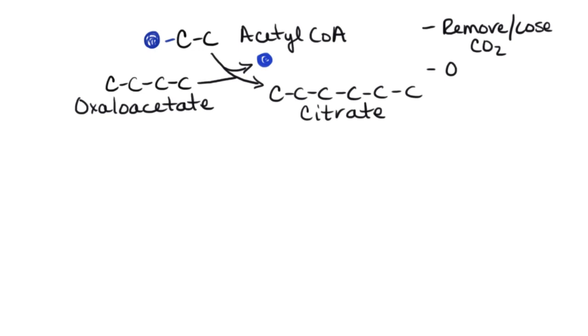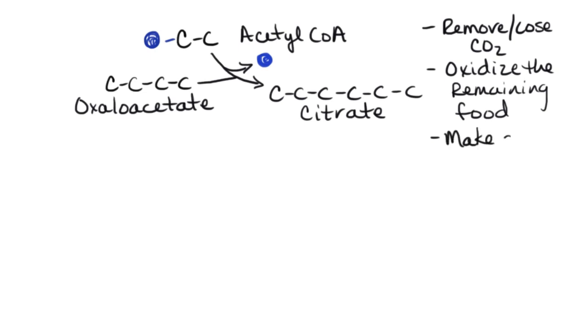We are going to oxidize the remaining food. So by remaining food, we're talking about the remaining carbons from the original glucose that we started with. And we're also going to make a little ATP. Okay, but it will just be a little.